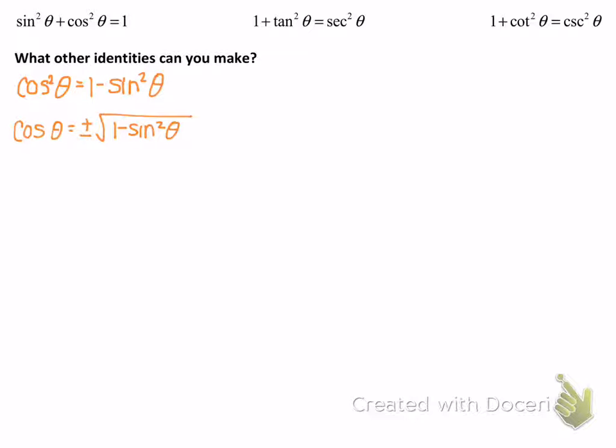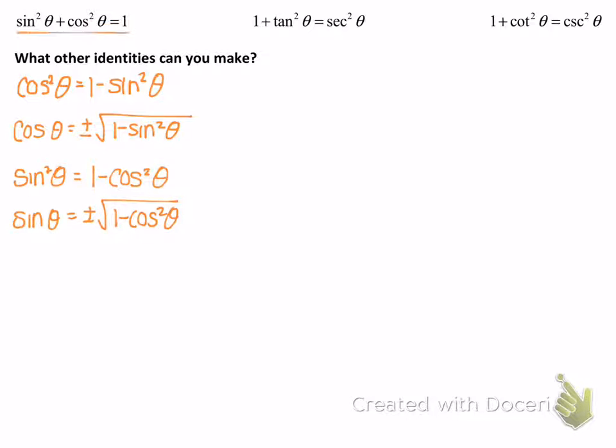And we can do the same thing with sine. We can say sine squared theta is equal to 1 minus cosine squared theta. And then again, I can take the square root of 1 minus cosine squared theta. So this actually follows the same pattern all the way through.